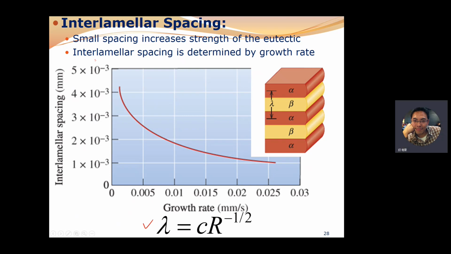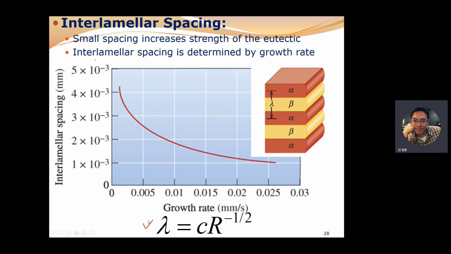Therefore, if we want to improve this dispersion strengthening for this eutectic structure, how can we do that? We have to control the growth rate, right? One approach is to control the growth rate, to facilitate the growth rate.